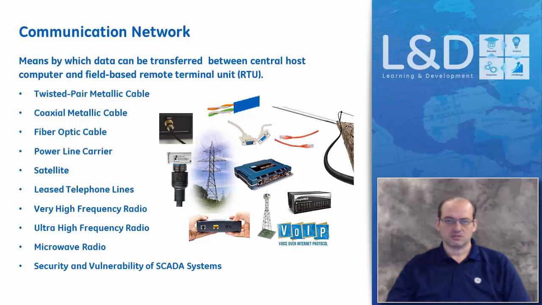One of the common communication applications is the power line carrier, or PLC, which uses the transmission lines to transmit radio frequency signals in the range of 30 kilohertz to 500 kilohertz.